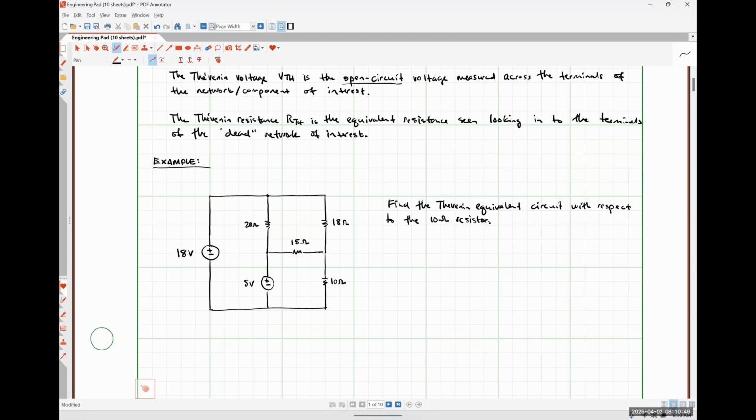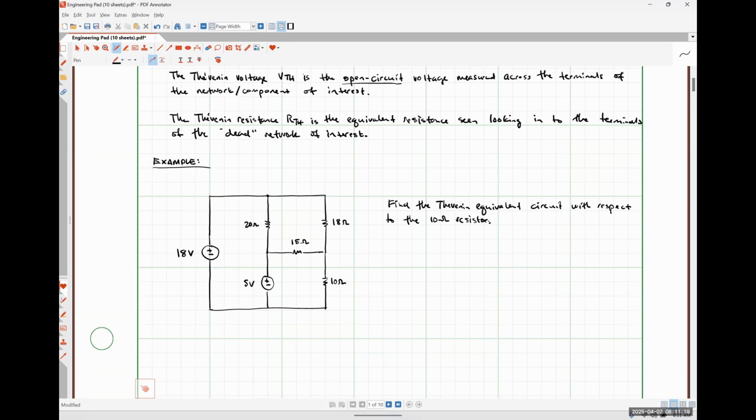So before we jump into this, there's two different cases of things that we're going to see whenever we're determining the Thevenin equivalent, and they're roughly going to boil down to the exact same process. So you might be asked to find the Thevenin equivalent circuit with respect to a particular element, or you might be asked to find the Thevenin equivalent circuit with respect to a pair of terminals, okay? As we'll see here in just a moment, they are literally going to boil down to the same thing.